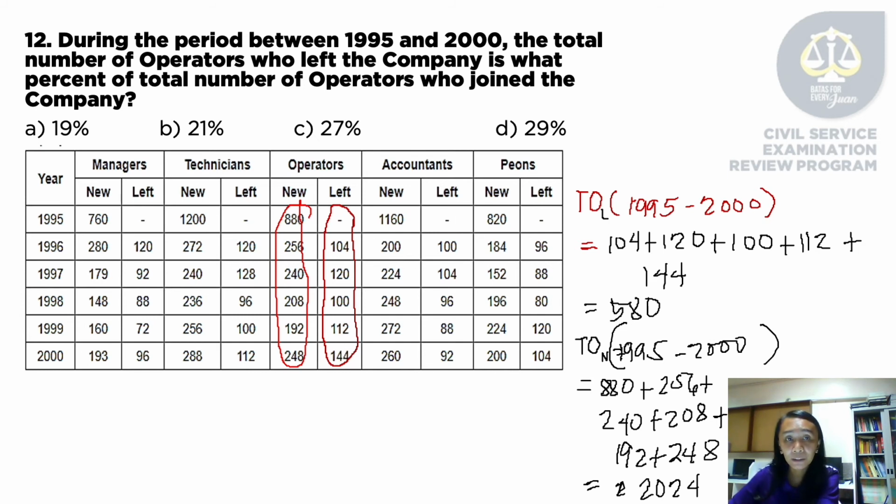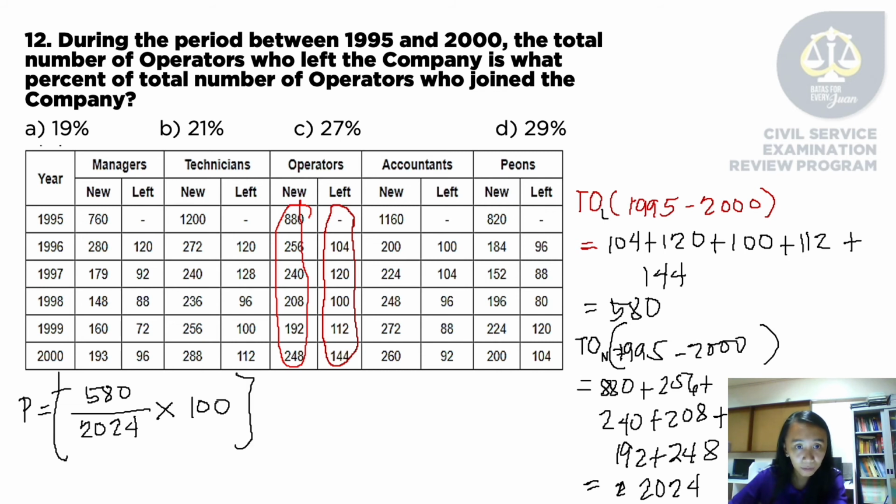We need to get the percentage po ng operators who left the company against the total number of operators who joined the company. So what we will do, we just divide the total number of operators who left over the total number of operators na pumasok noong 1995 to 2000, and then we multiply it by 100 to get the percentage. So the percentage is equal to 580 over 2024 times 100.